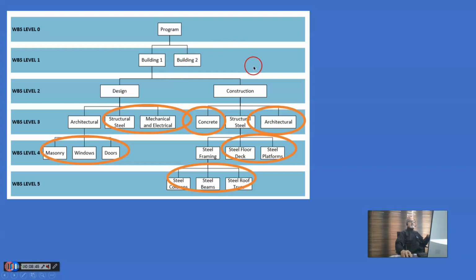So if you look at this particular WBS, under masonry, under wind, whatever is there in the circle, these are work packages because there is nothing below it. And for these work packages, we have to define the control account, and these work packages must be linked to the corresponding organization breakdown structure.